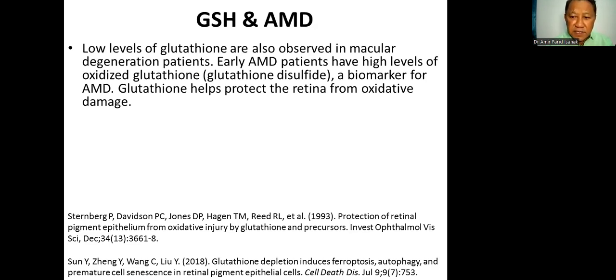Early AMD patients have high levels of oxidized glutathione, a biomarker for AMD. So glutathione helps protect the retina from oxidative damage. Remember, glutathione exists in the reduced form, GSH, and the oxidized form, GSSG. Early AMD patients have high levels of GSSG.